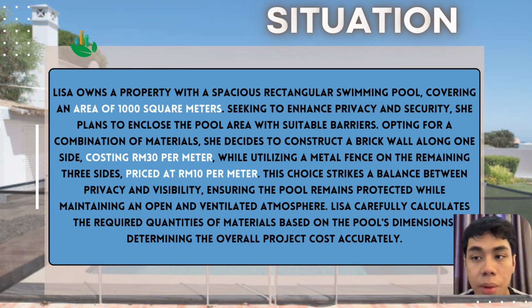This choice strikes a balance between privacy and visibility, ensuring the pool remains protected while maintaining an open and ventilated atmosphere. Lisa carefully calculates the required quantities of material based on the pool's dimensions, determining the overall project cost accurately.